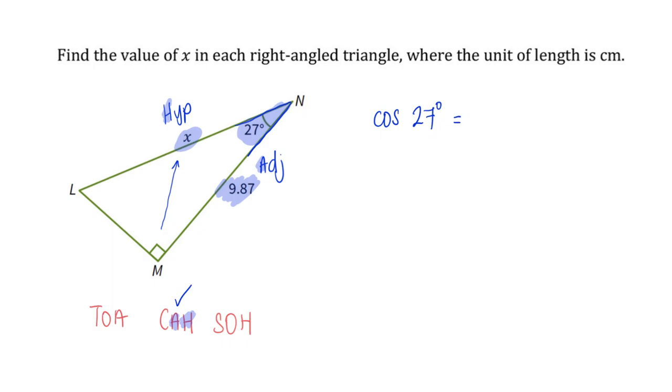And therefore, which ratio of the three, SOH CAH TOA, tangent, cosine, sine, has my adjacent and my hypo? Adjacent and my hypo. Yes, I am going to use the cosine ratio. So cosine 27 degrees is equal to the adjacent side divided by my hypo, in this case x. Using algebraic manipulation, I'm going to multiply by x on both sides and divide by cosine 27 degrees on both sides, so that the next line looks like this.